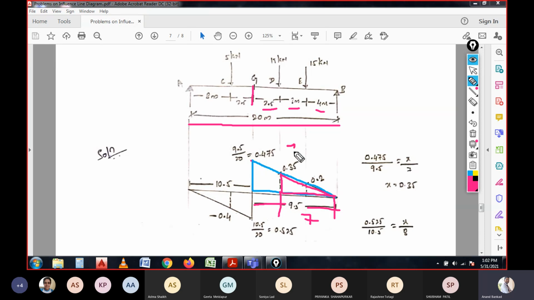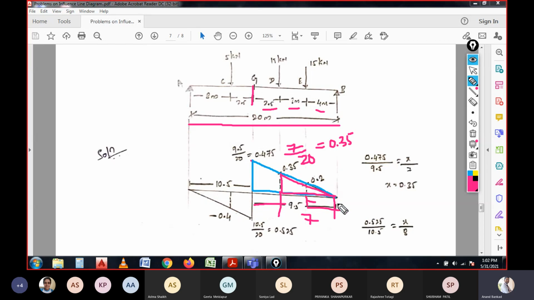Again it is 7 by, how much? It is 20. See, you people have to interact. If you sit quiet, you won't get it. 7 by 20 will be 0.35.